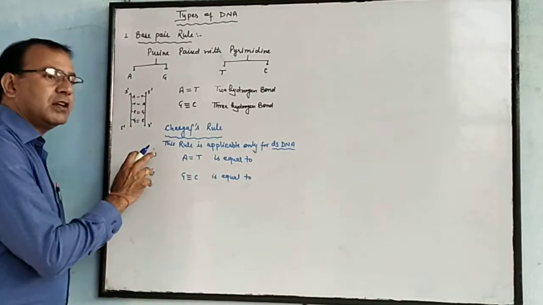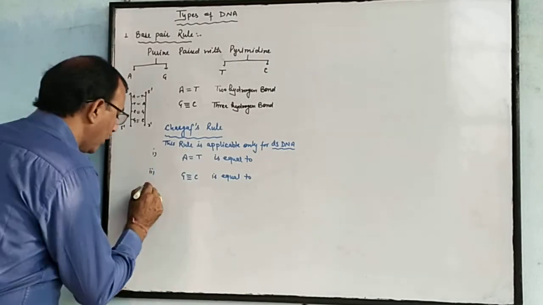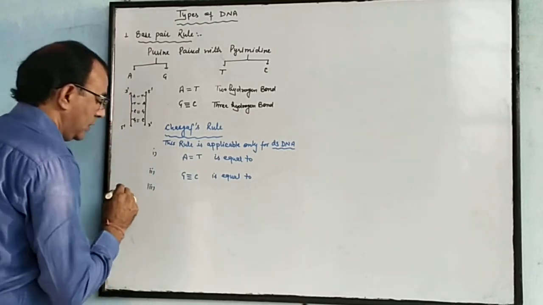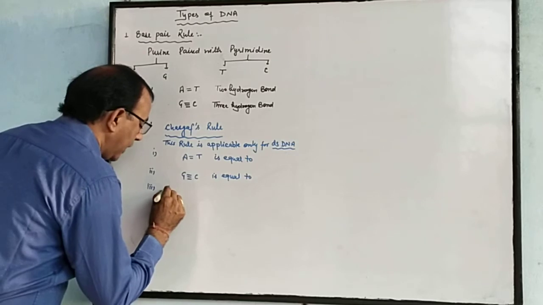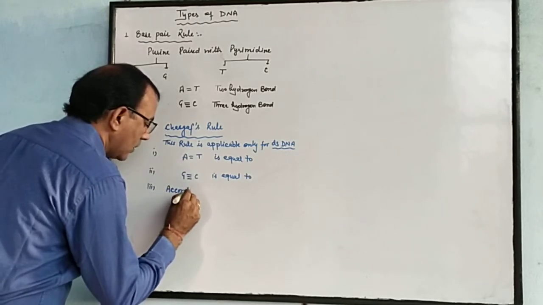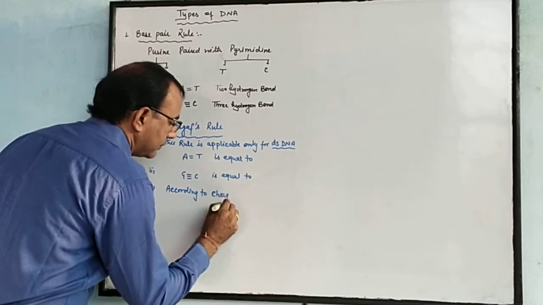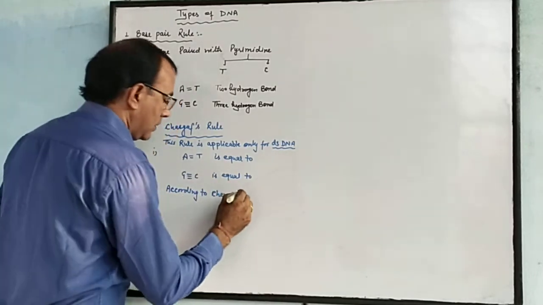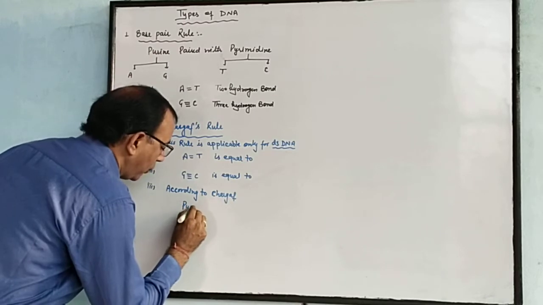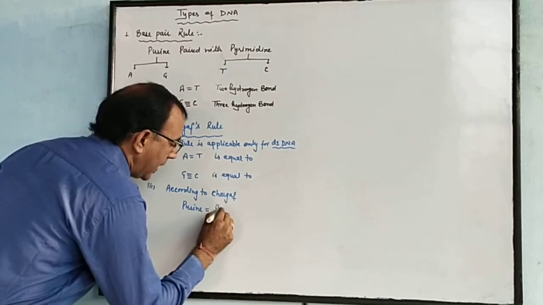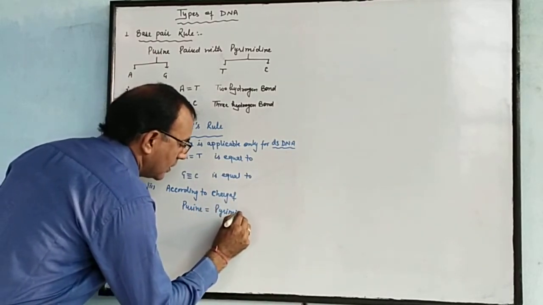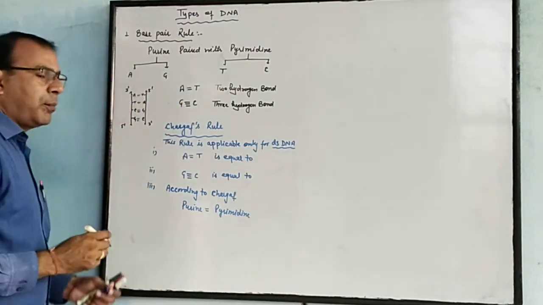This is according to Chargaff's rule. One more rule we can see: according to Chargaff, purine is equal to pyrimidine.